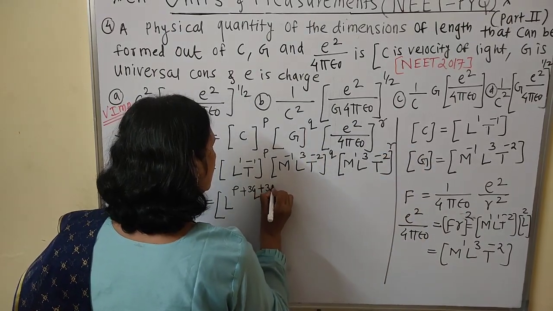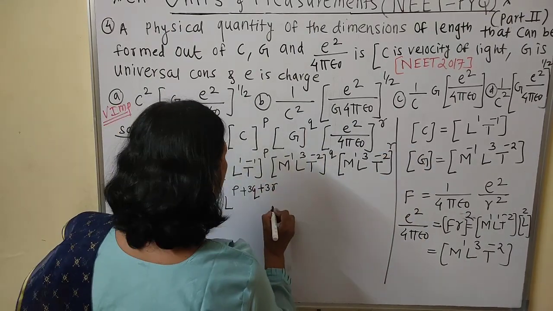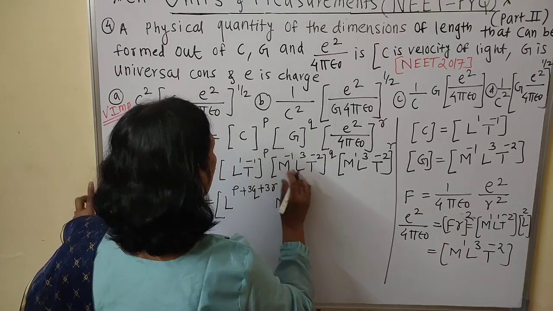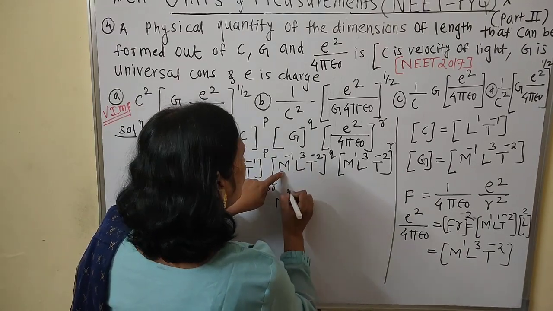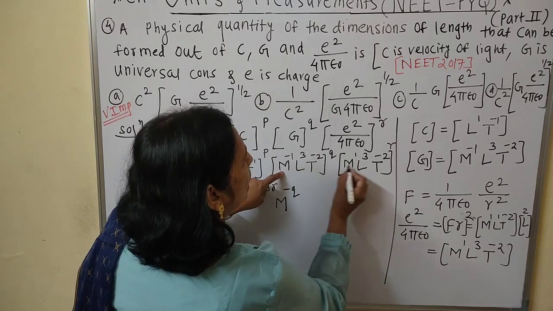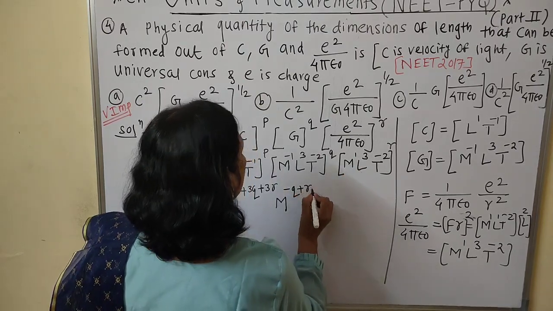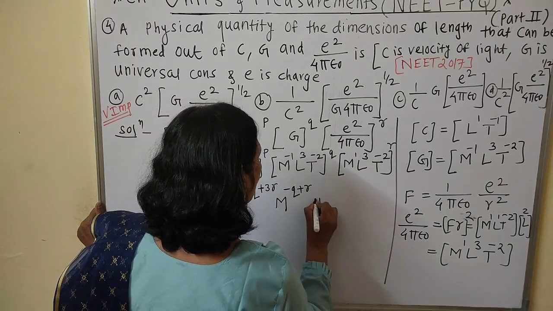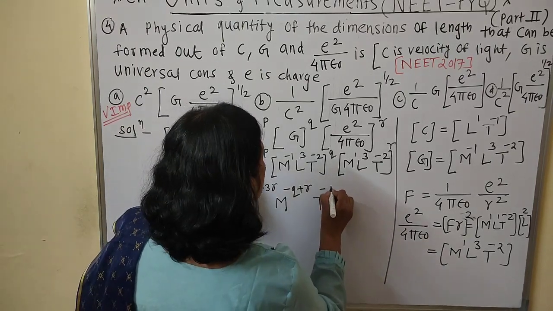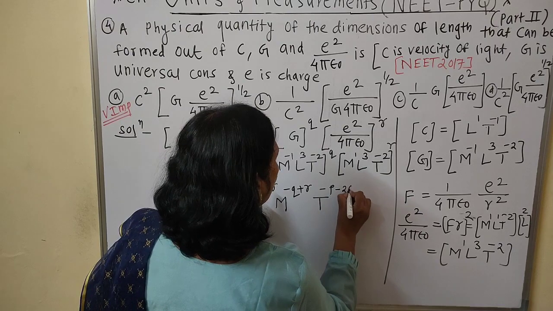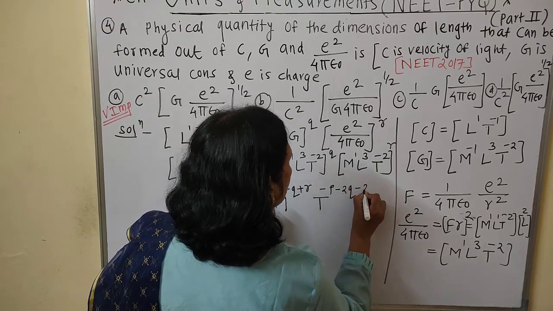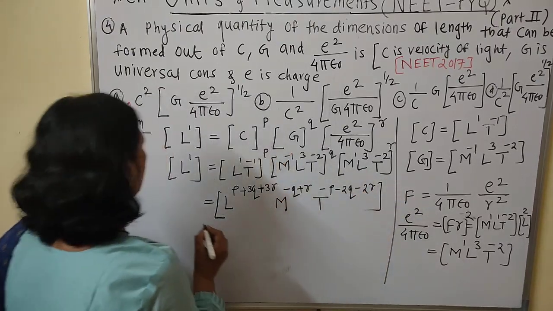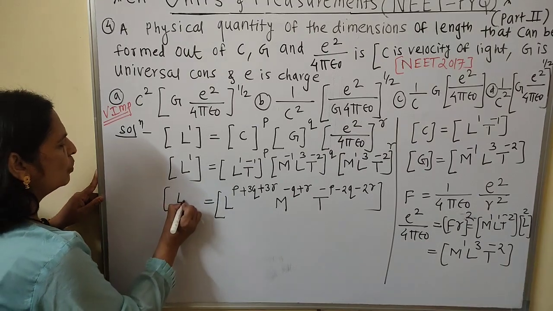Now M raised to the power of M, that is minus Q plus R. Then the dimension of T, minus P minus 2Q minus 2R. And here L raised to 1.